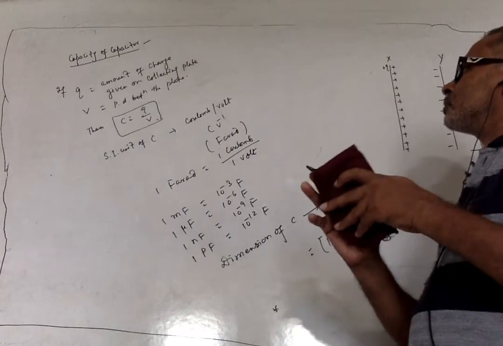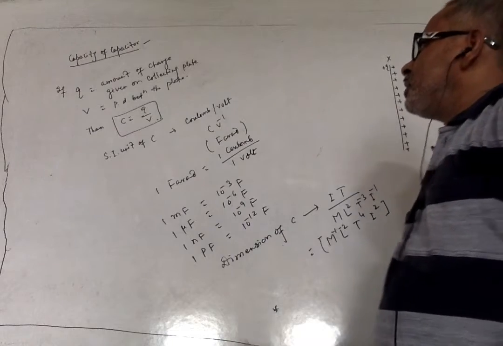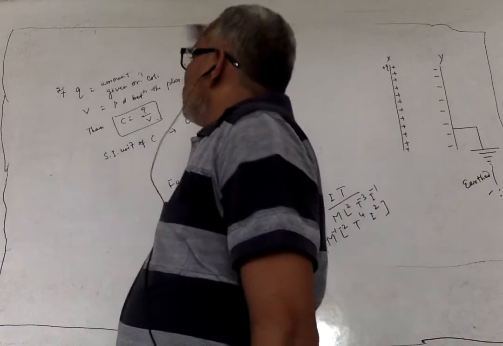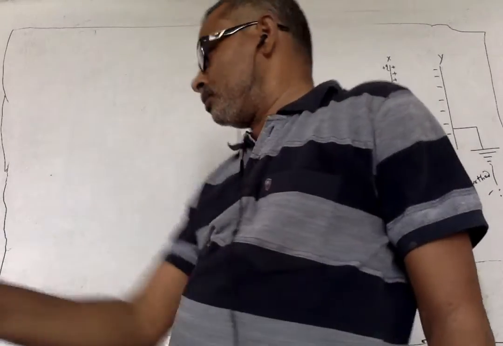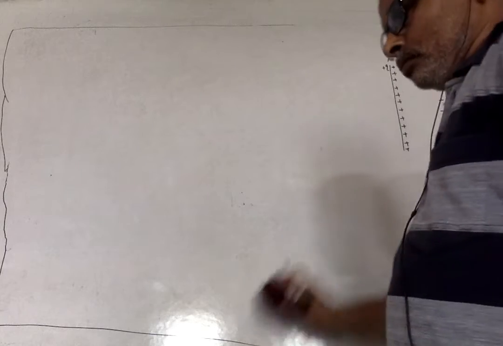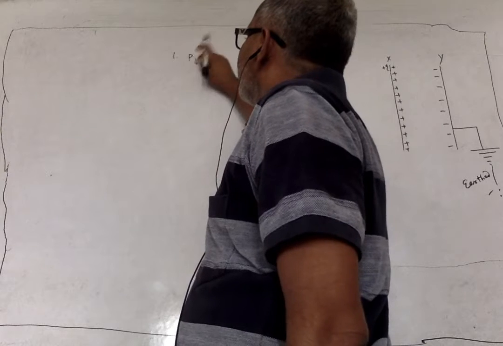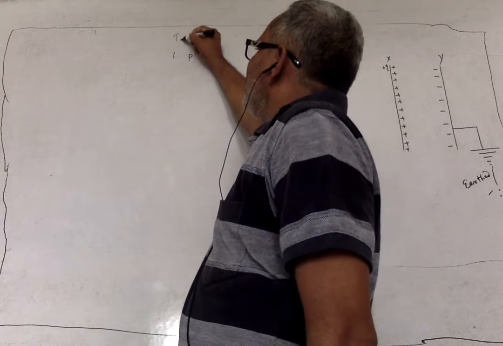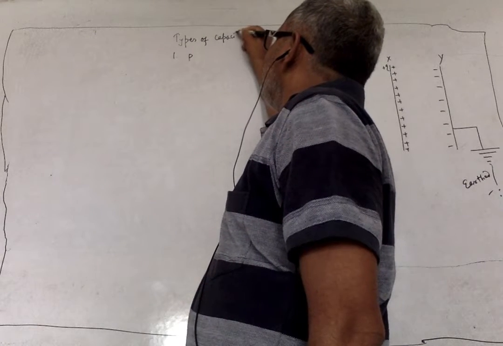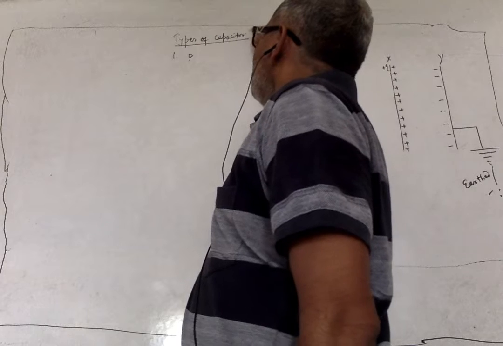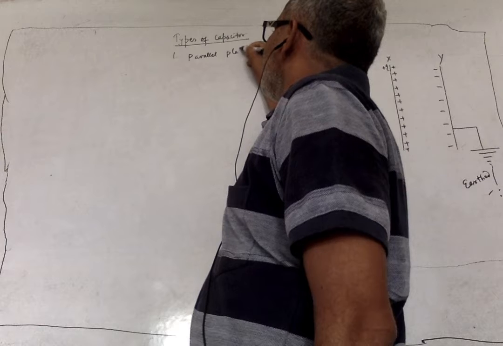Types of capacitor. It is of 3 types. First, parallel plate capacitor.